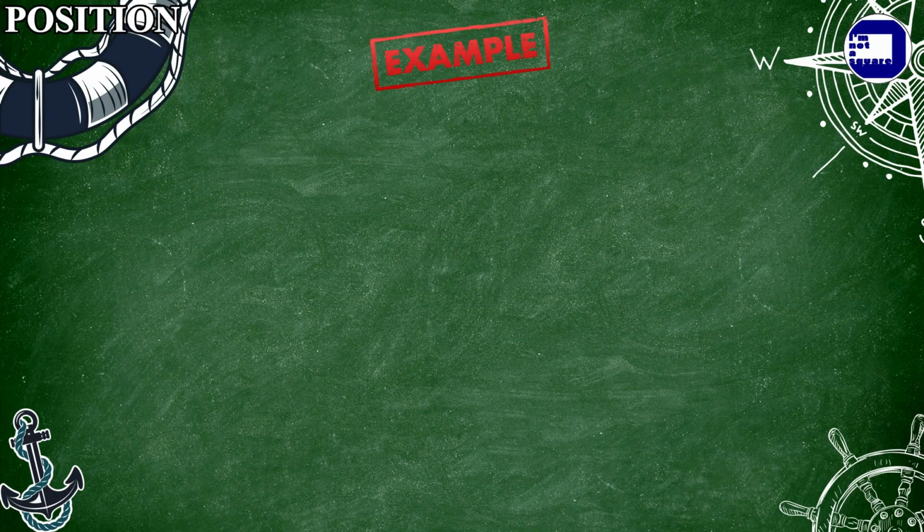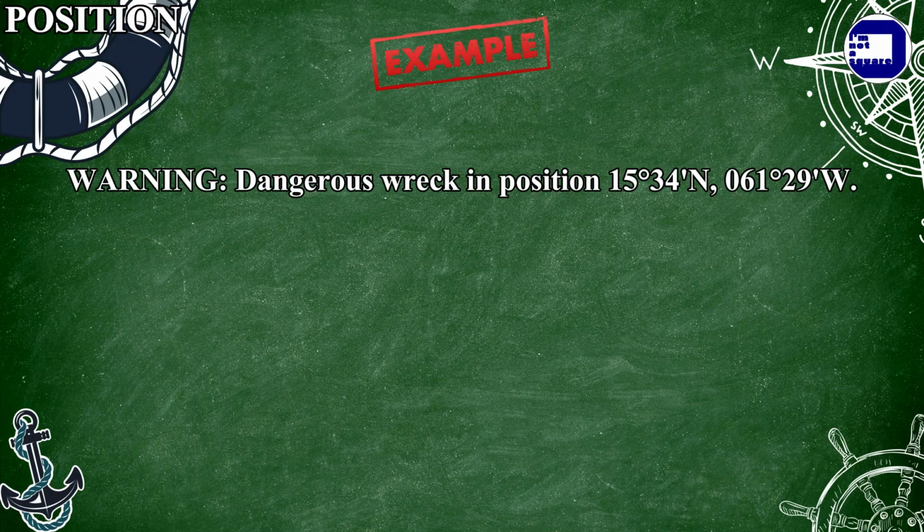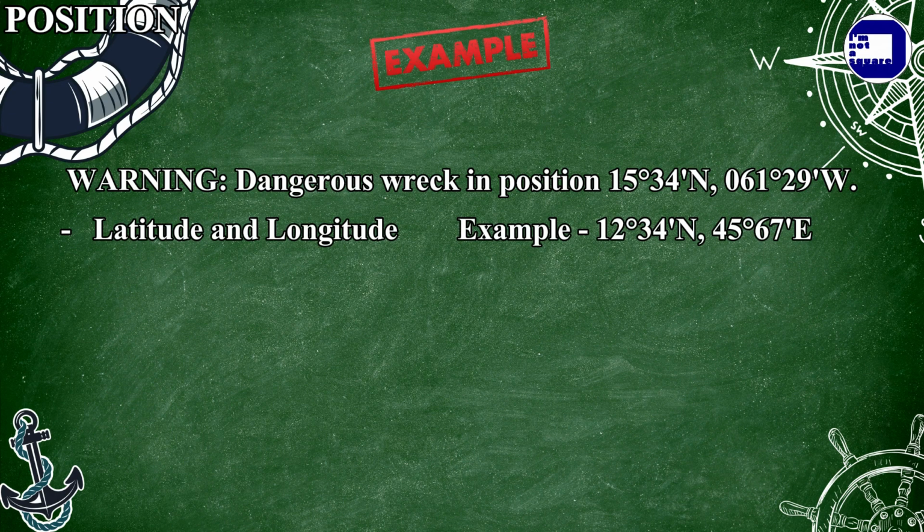Examples of position reports. Warning: dangerous wreck in position 15 degrees 34 minutes north, 061 degrees 29 minutes west. Latitude and longitude. Example: 12 degrees 34 minutes north, 45 degrees 67 minutes east.